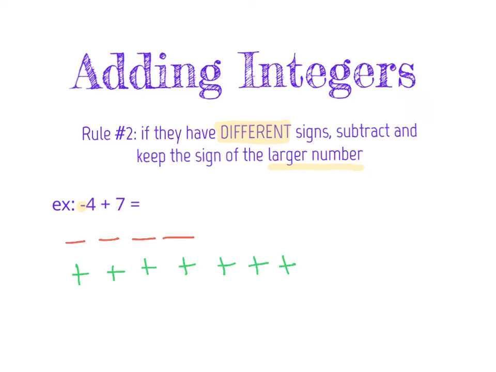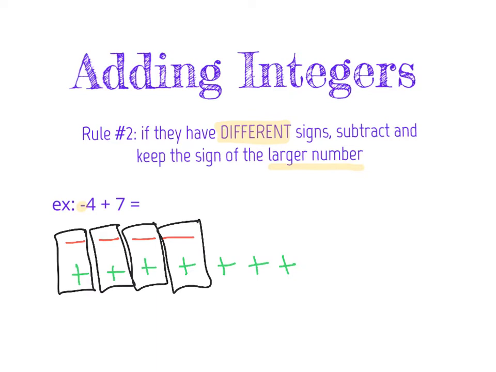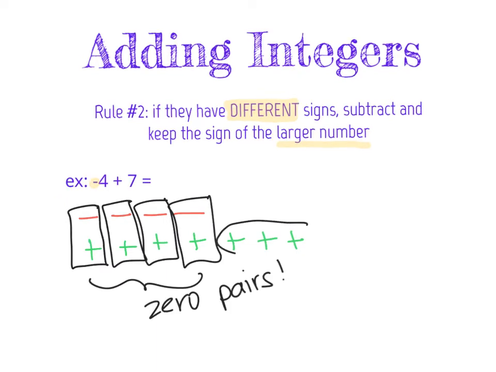Each set of negative and positive numbers creates a zero pair. So one negative and one positive make 0. So they cancel each other out. So I have 4 zero pairs that are canceling out, which leaves me with 3 positives left.